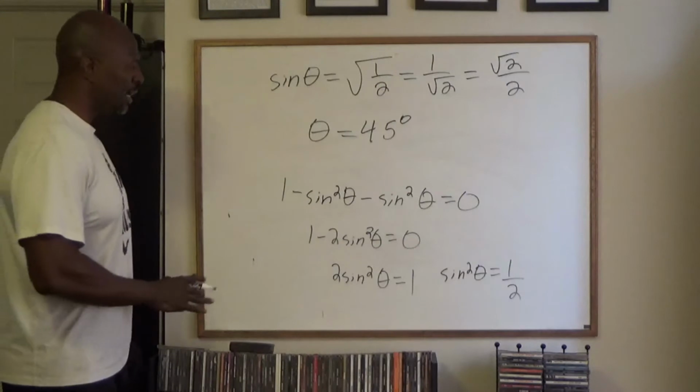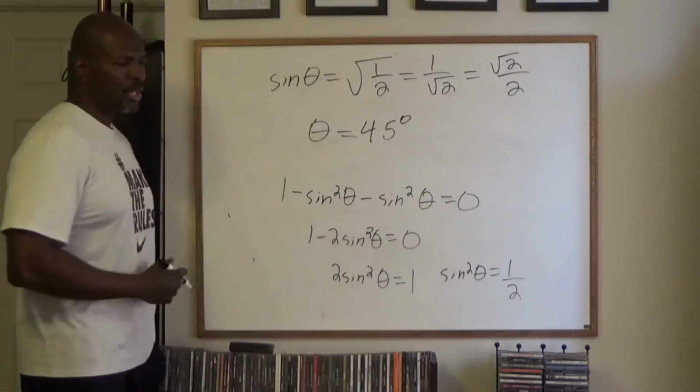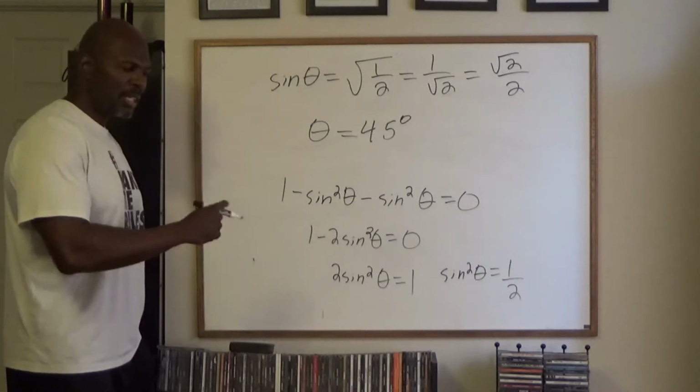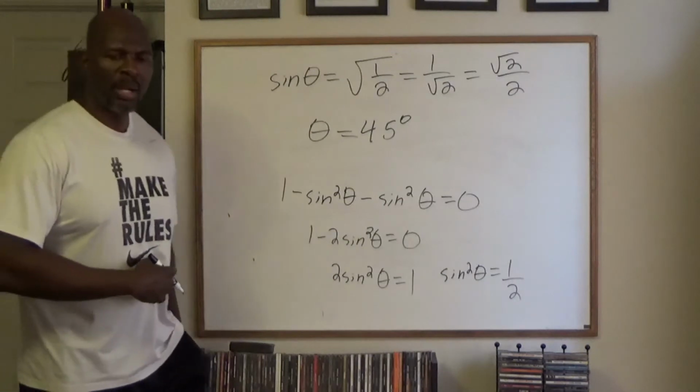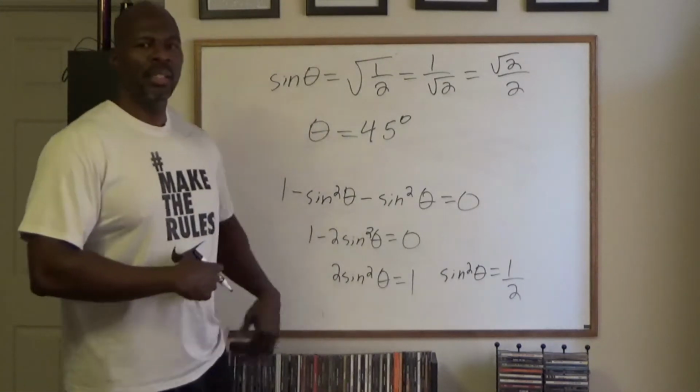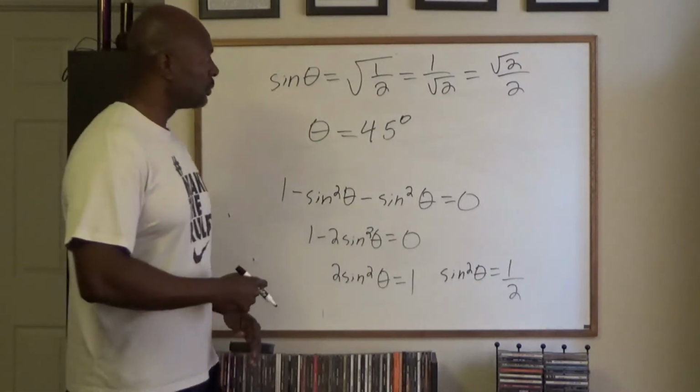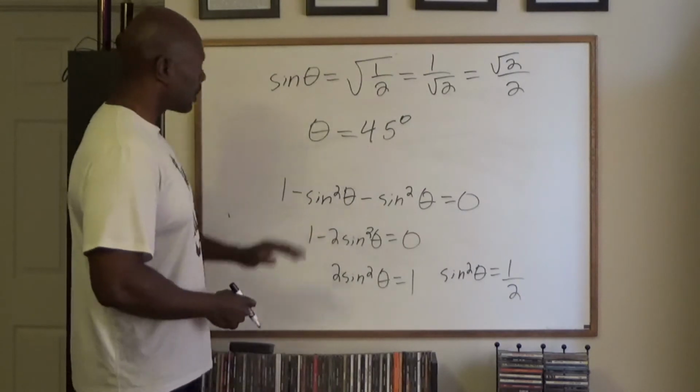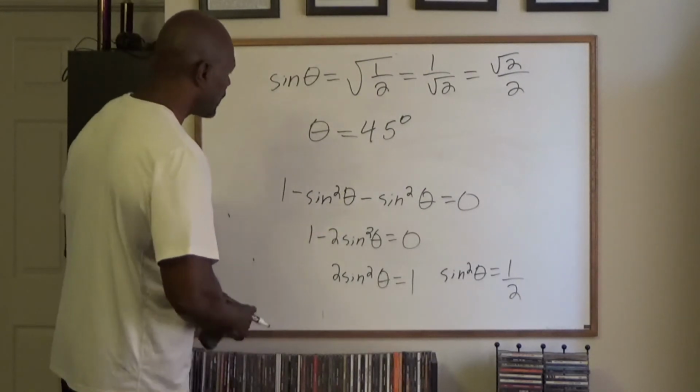And again, that's the same value where sine and cosine of theta are the same. Sine and cosine of 45 degrees, or pi over 4 radians, is the square root of 2 over 2. Alright, so this is my one critical point where theta is 45.